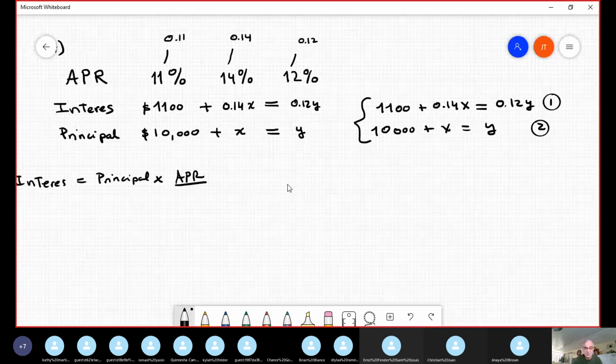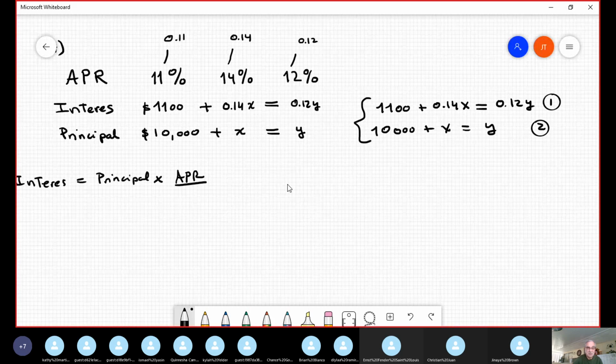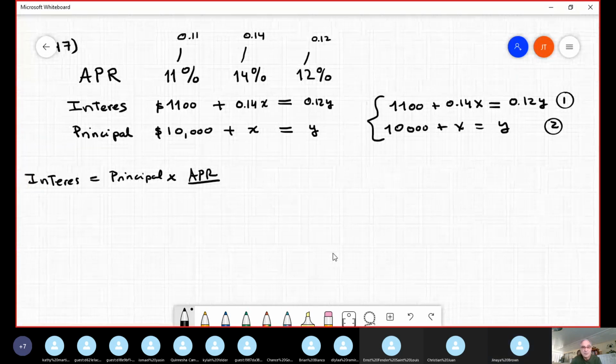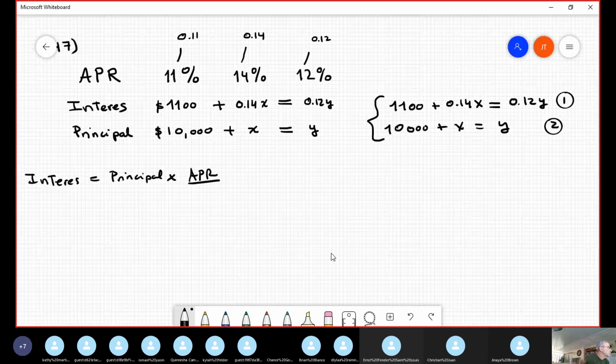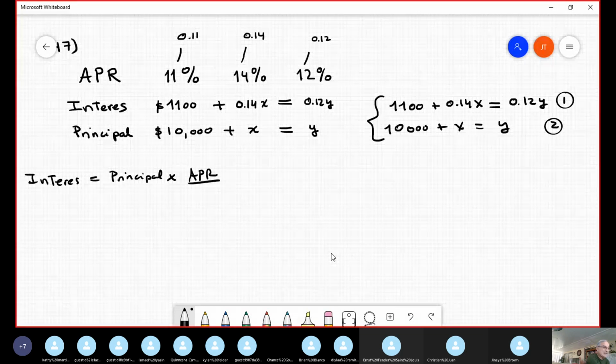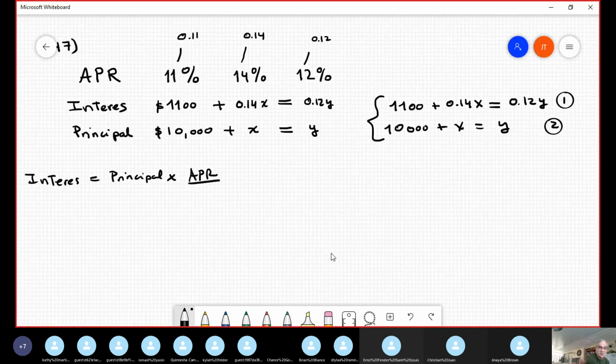Confusing or clear? Clear. Okay. I promise, don't worry. In the pretest, you can see in detail another more specific word problem, similar to the test. So let's move on.